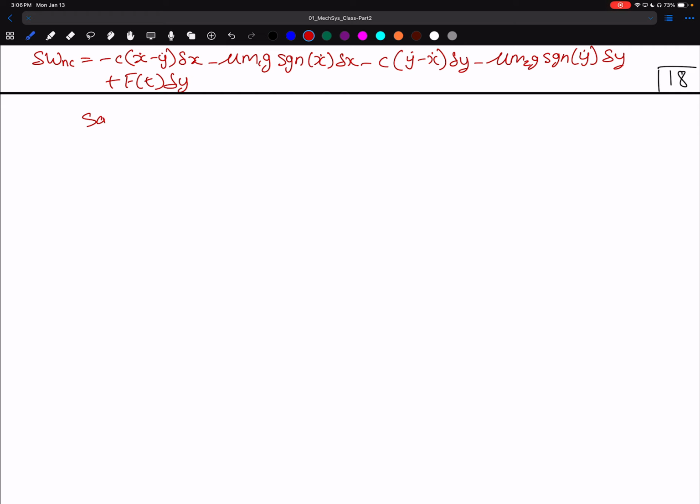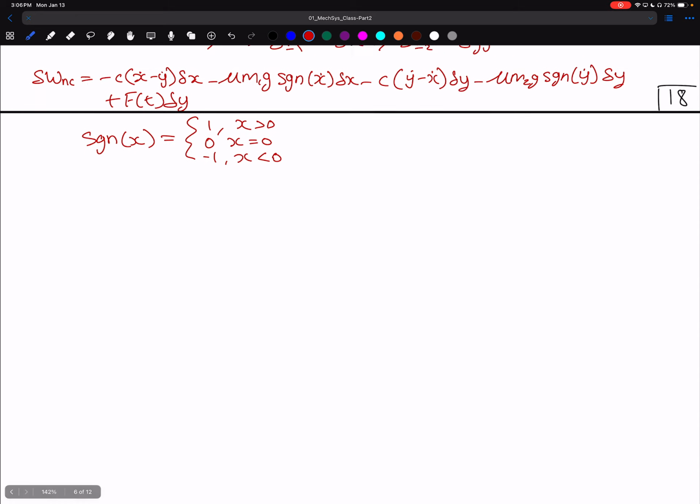So the signum function of x is equivalent to the sign of x. So it's equal to 1 if x is greater than 0, 0 if x is equal to 0, or minus 1 if x is less than 0, such that the signum is always opposing motion. So this friction force is always going to oppose motion in general. Any other questions?